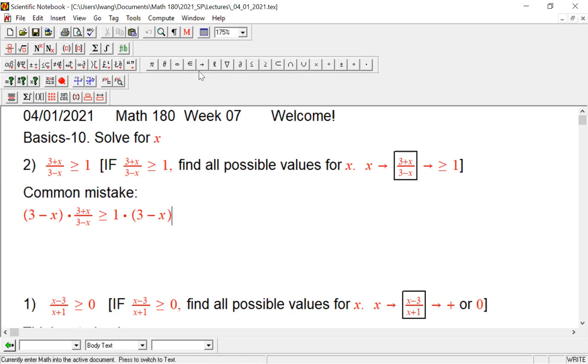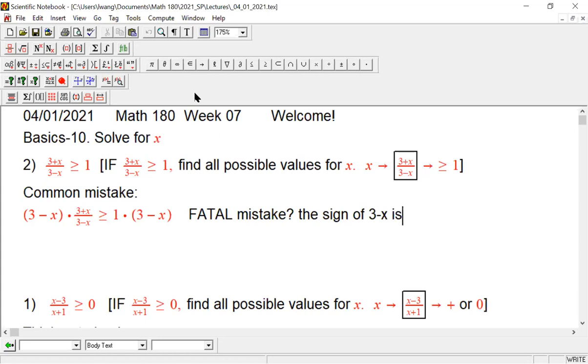And this is a fatal mistake. By saying fatal mistake, I'm telling you it's not going to get you a single point. You lose all the points for it. Do you guys get it? For the same reason. Why is that a mistake? The sign of 3 minus x is unknown.